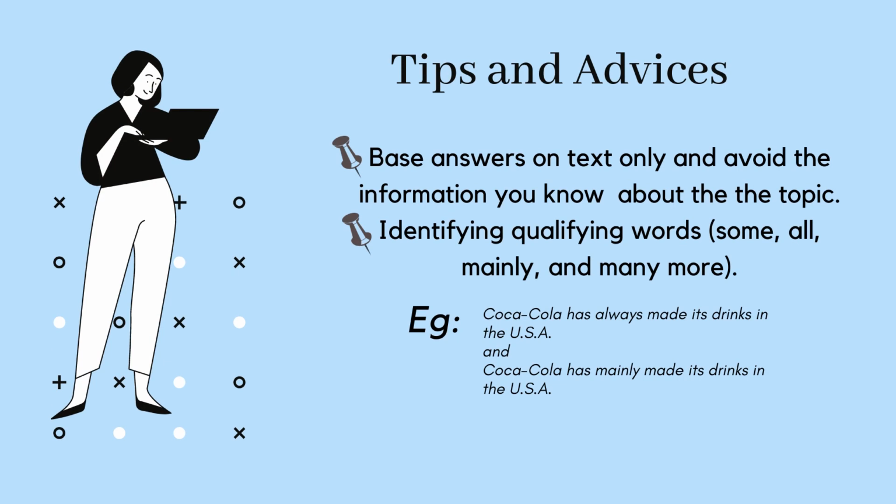The first is to ignore anything you already know about the topic and don't make any assumptions on the basis of your knowledge about the topic. Base your answers on the text only, that is, the factual answers that are actually correct.